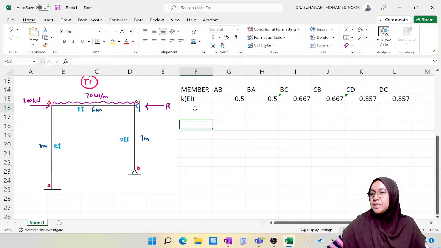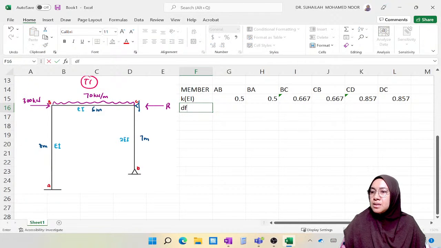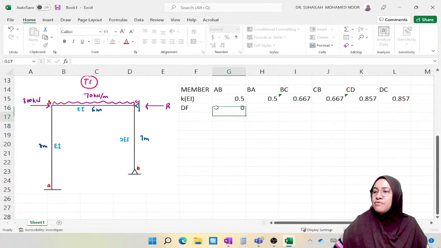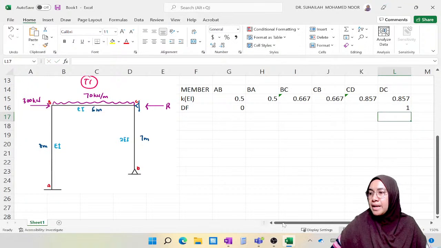Okay, 3 decimal places. For DF, the distribution factor, we get it from member stiffness divided by joint stiffness. For fixed, the distribution factor is equal to 0, and for pin, it is equivalent to 1.